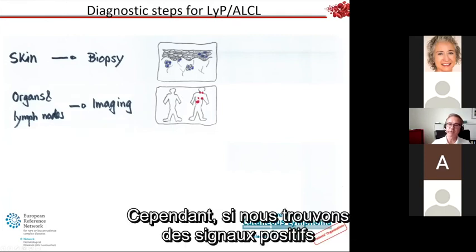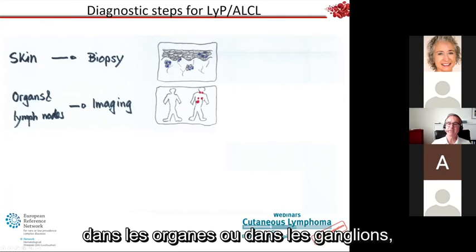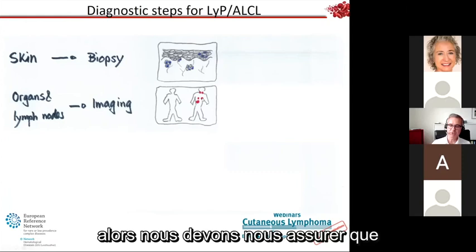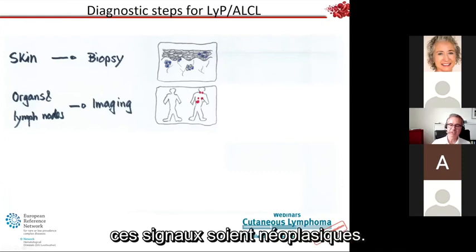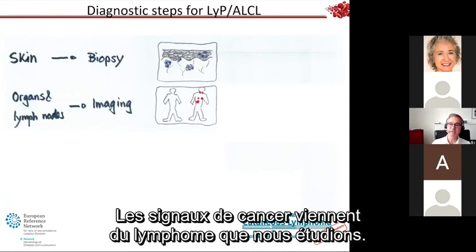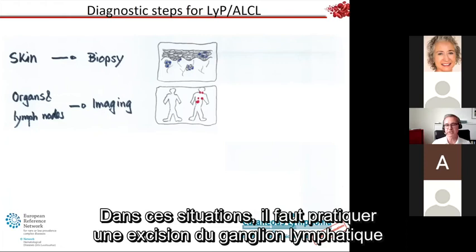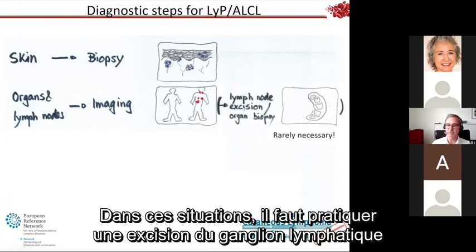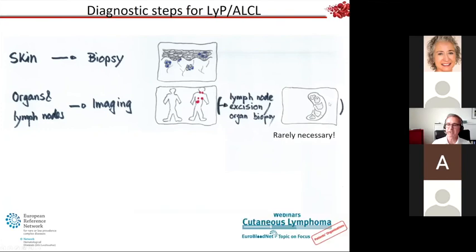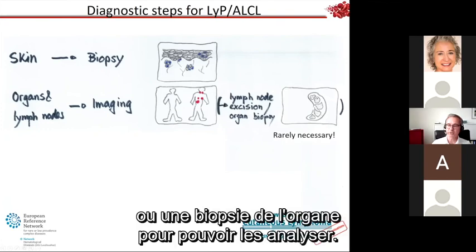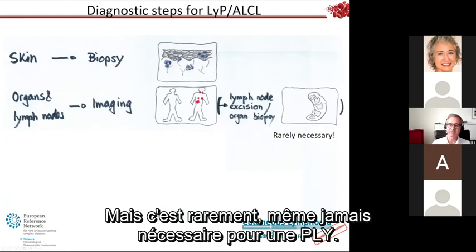If, however, we encounter positive signals, be it in organs or in lymph nodes, then we have to be really sure that these signals are actually neoplastic, cancer signals, and derived from the lymphoma we investigate. So in these situations, we have to do a lymph node excision or an organ biopsy and analyze the organ or the lymph nodes. But this is never necessary in LyP, extremely rarely necessary.